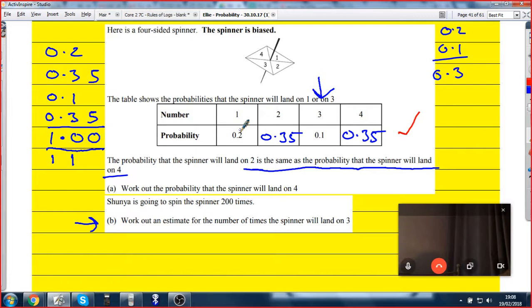I don't know, would you times it by 200? You would? So 0.1 times 200. Yeah. Any idea what that is?